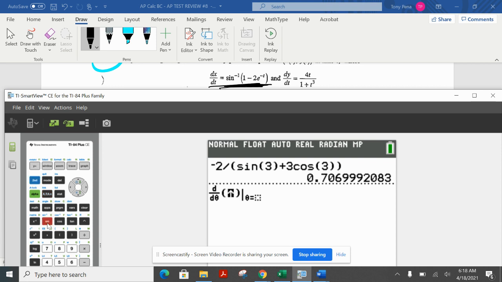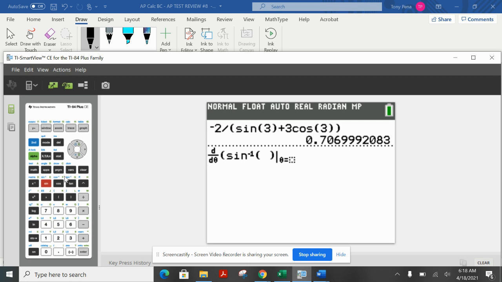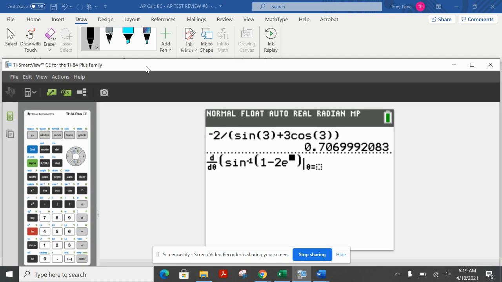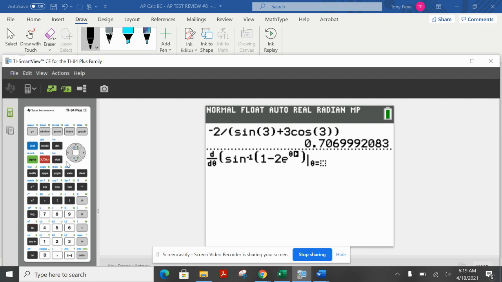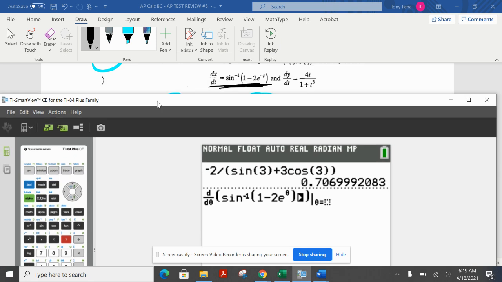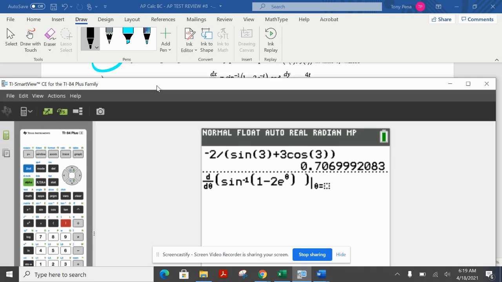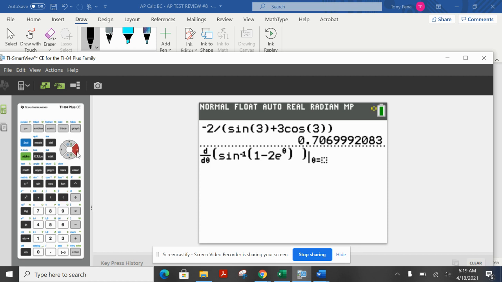So we're going to do the inverse sine, 1 minus 2e, so 1 minus 2e to the negative t. Looks like I'm on polar right now. That's okay. Close that. Let me just make sure I have this correct. Yeah, and then we want to evaluate that at the time of 2.